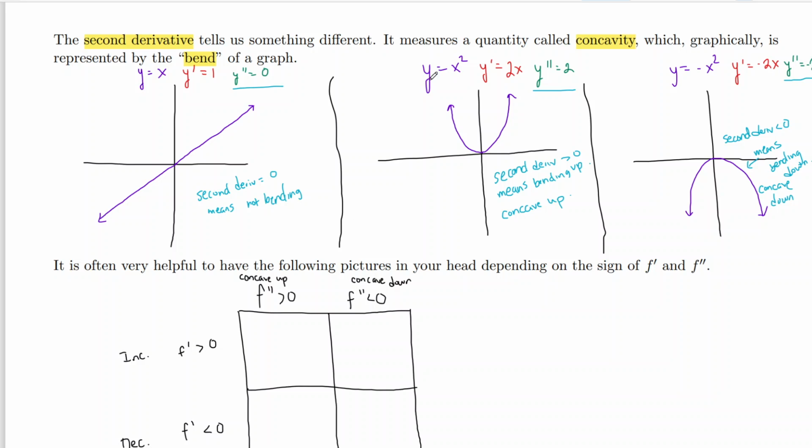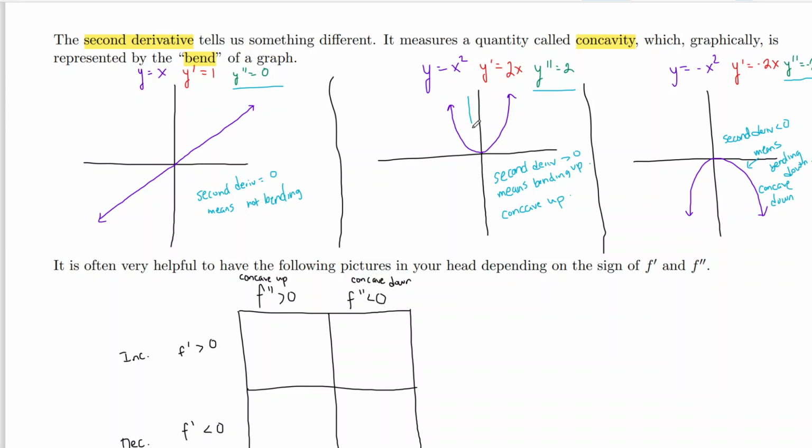All right, so the idea of concavity is this bend thing. If it's 0, it's not bending. If it's positive, it's bending up. And if it's negative, it's bending down. That quantity doesn't matter. So whether it's 2 or 100, it's bending up. The bigger the number is, or actually the farther away from 0 it is, the more it bends that way. So if you have a function whose second derivative is 100, then it's going to bend up really sharply.